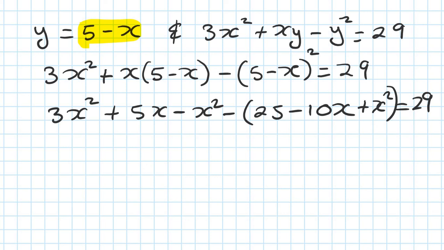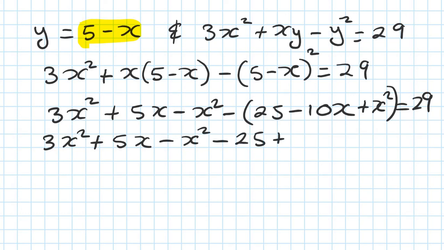Now removing the bracket: 3x squared plus 5x minus x squared minus 25 plus 10x minus x squared, which is equal to 29.